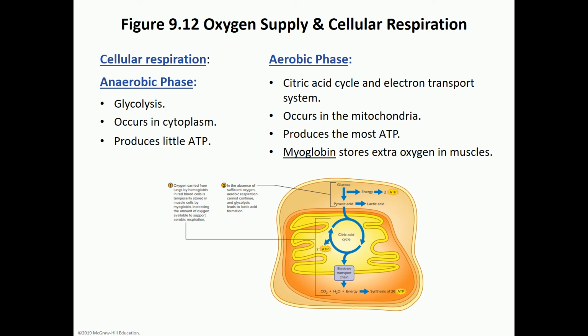If it's in the blood, we name it hemoglobin. If it's in the muscle, we name it myoglobin. So they are related to each other. It's just where they are in the body. And again, myoglobin is how you store extra oxygen so that the muscle will be able to go through this aerobic phase and produce a lot of ATP.